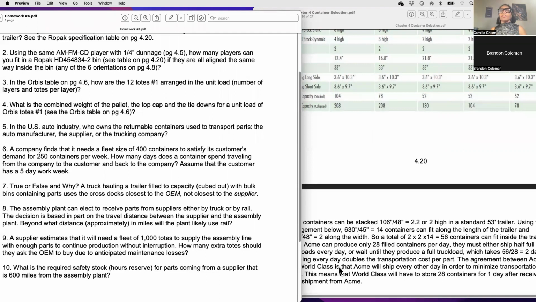Let's say you're used to having these things coming every day, and you've got enough to build 2 or 3 different models for the assembly plant or whoever your customer is upstream, and you're able to manage those changes.